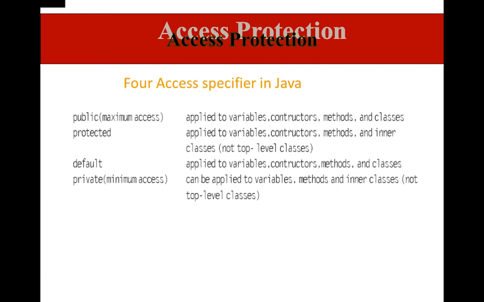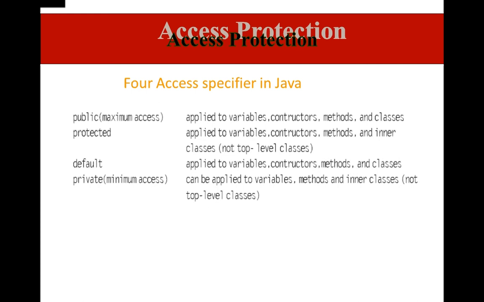The protected access specifier is used before variables, constructors, methods, inner classes, not the top level classes. Default we can use for variables, constructors, methods and classes. In the same way, private can be applicable for variables, methods and inner classes, and of course not the top level classes.